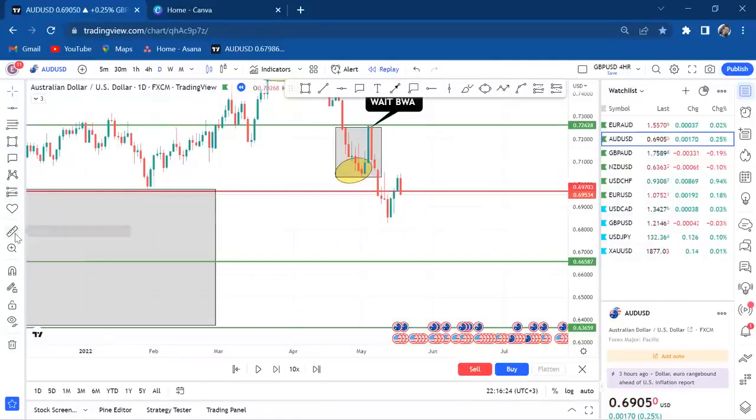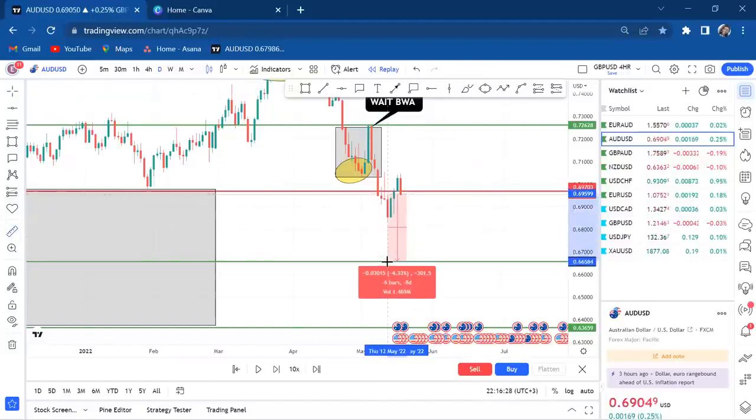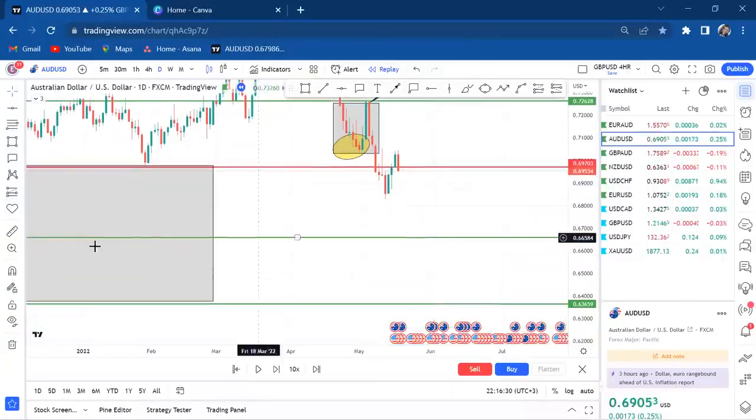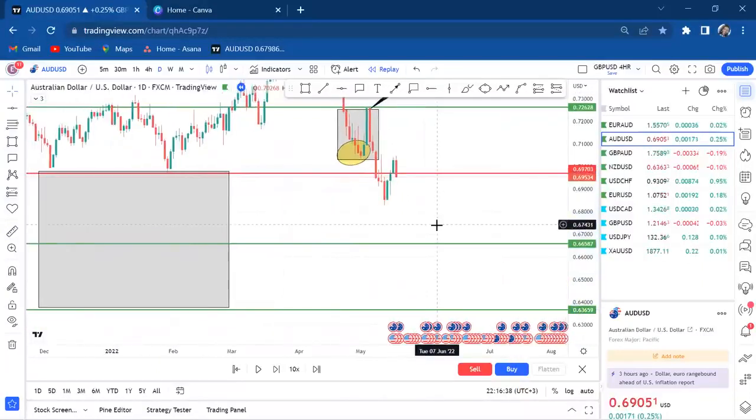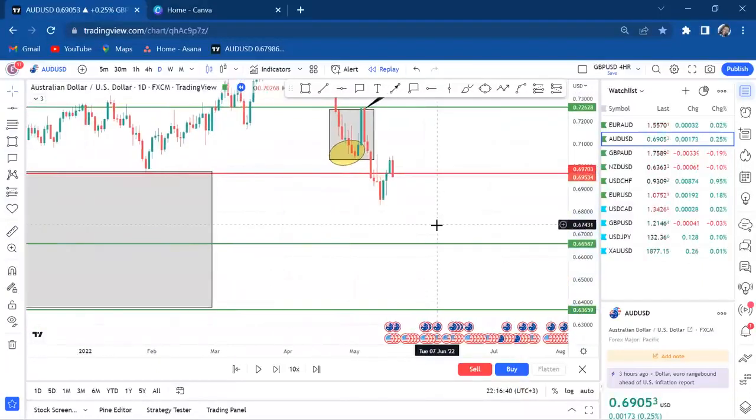Why? Because the minute you enter sell here, your take profit is 300 pips. If you target all the way down, your take profit is 596. So if you start doing 200, 500, these are so many pips.